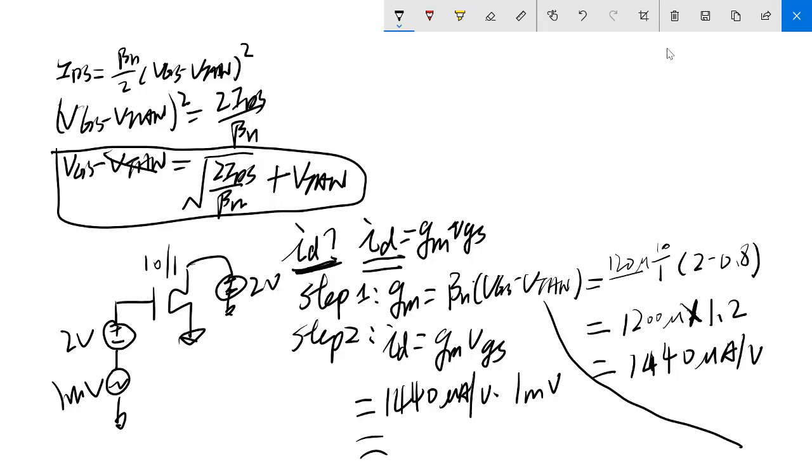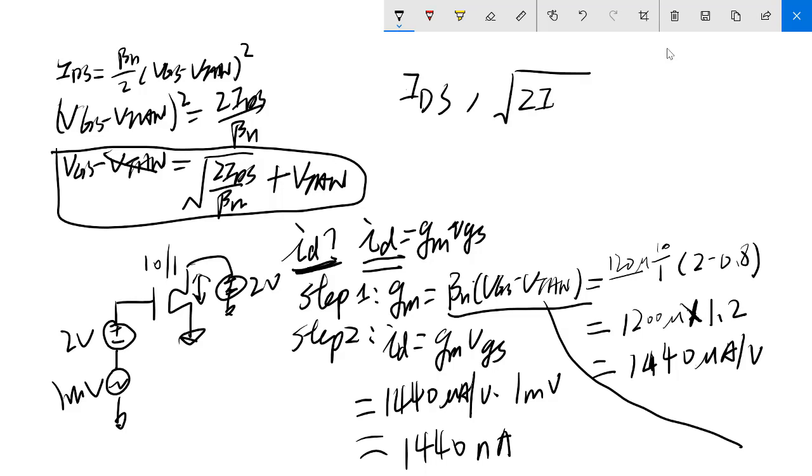Oh, it's tiny. 1440 nanoamps. Okay, so that's id, the AC current flowing back and forth in the channel. Okay, that's the way to calculate it. You can directly calculate gm by using this, or you can calculate id first, and then you use this one to get gm.